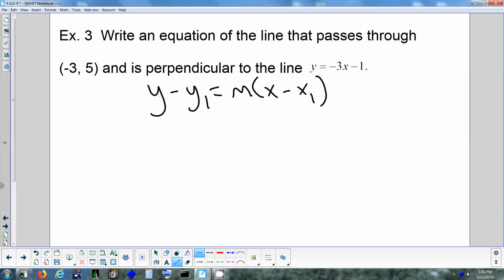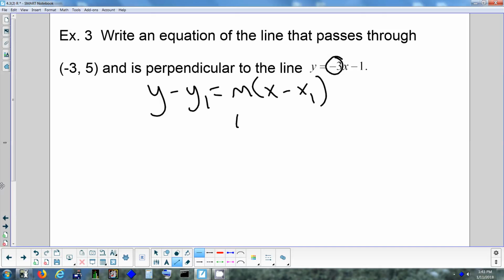Before we even do that, in our original equation that we're given, what is the slope? Joe? -3. We know that because it's a number with x, and it's already in slope-intercept form. So, Savannah, what is our slope going to be for a line that's perpendicular? 1/3. Very good.